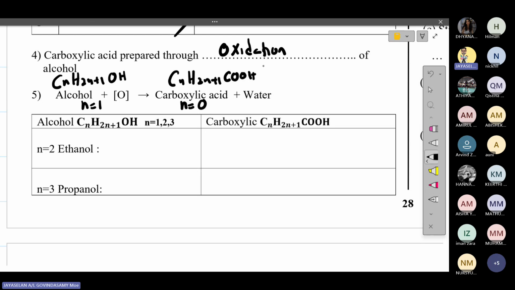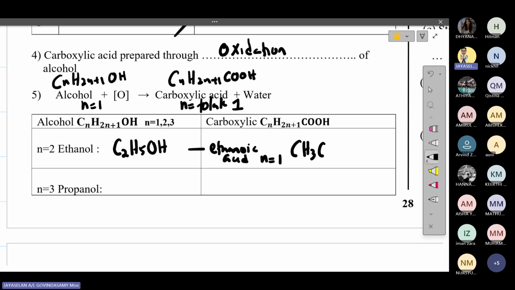Kena tolak 1. Then plus water. Tak percaya tengok di sini, ethanol, C2H5OH. Ethanol will give you ethanoic acid. Jangan pergi apply n2, salah. Kena ingat, you must minus 1. You apply n1, which is CH3COOH, because they already give you 1 C.